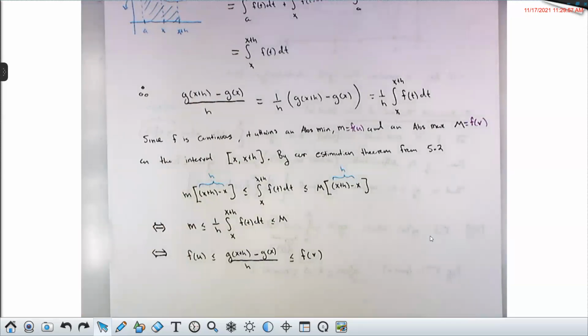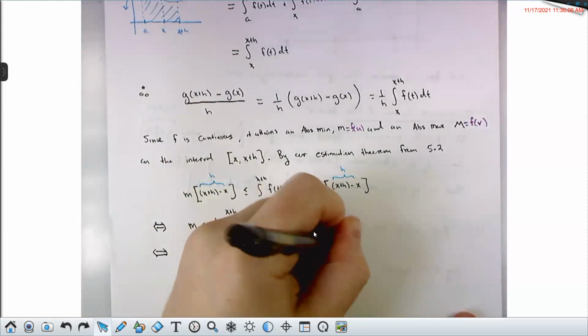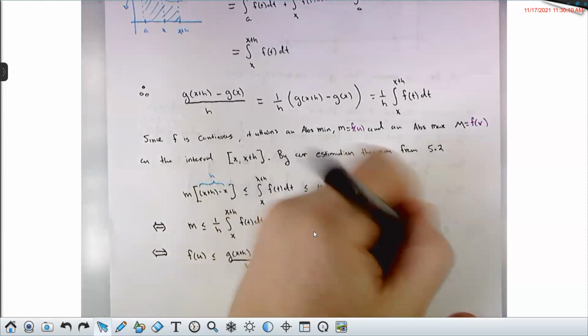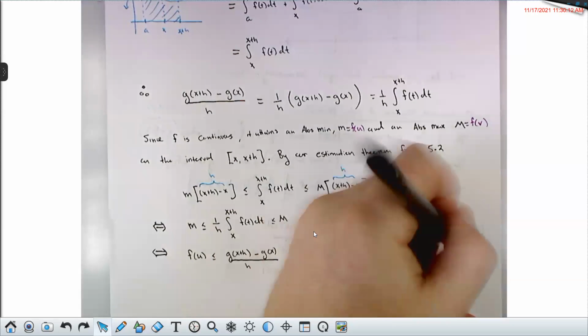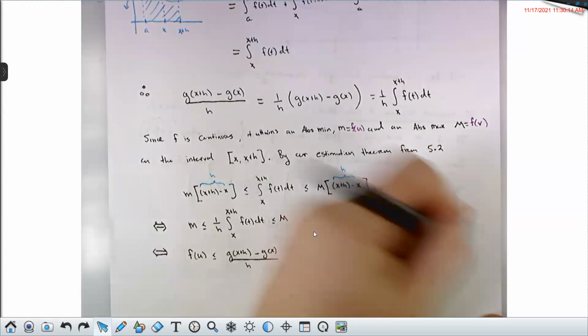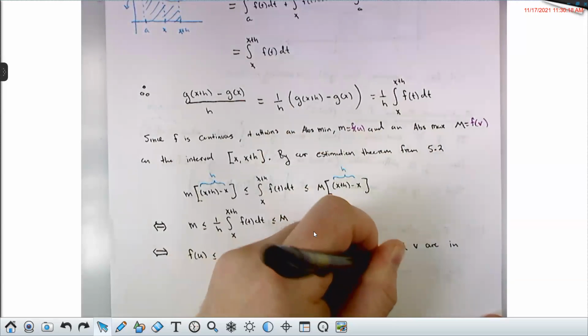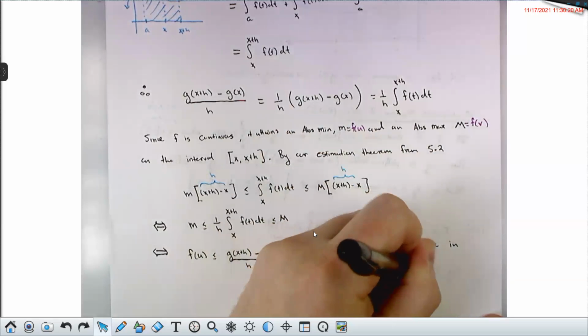Remember what we're aiming for here. I want to show that g prime is f of x. And remember here that u and v are in the interval x to x plus h.